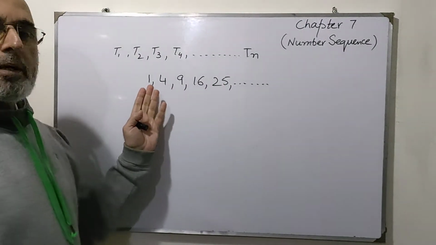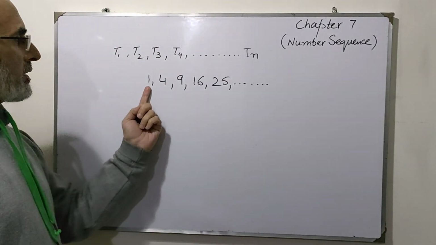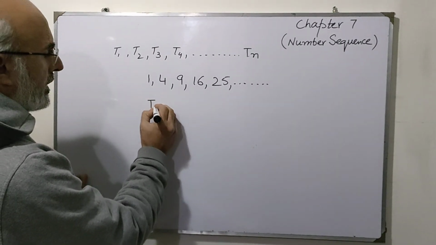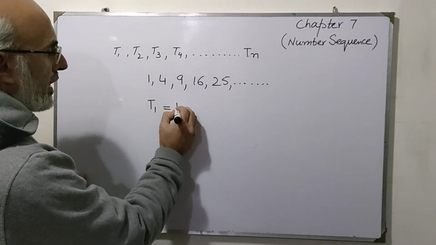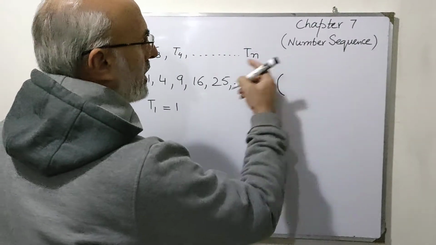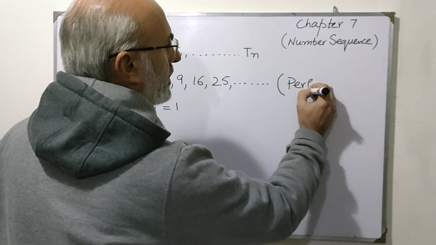So it's a number sequence of perfect squares. This is our term 1, so we can say term 1 is 1.